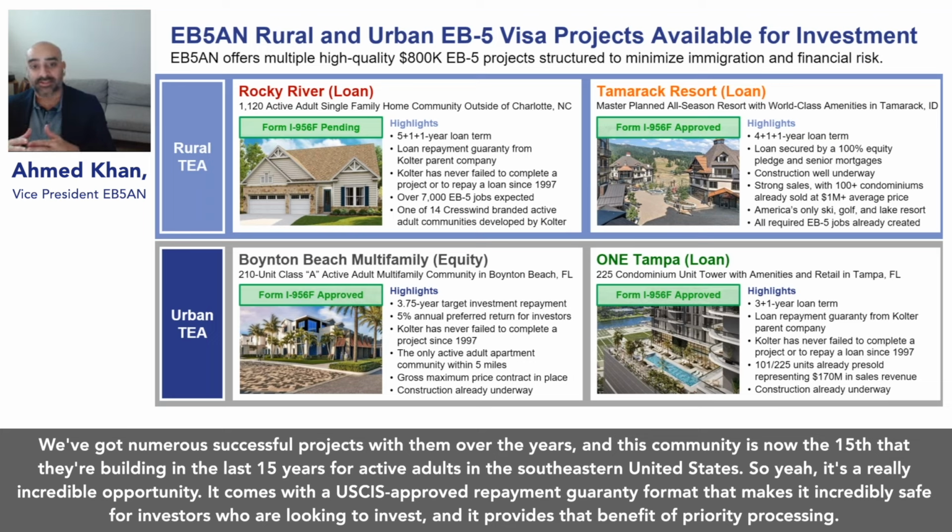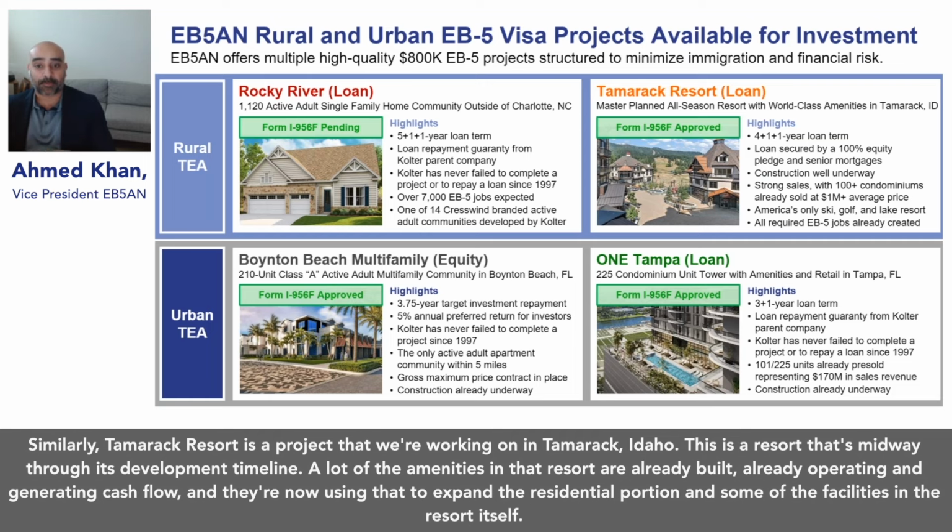And this community is now the 15th that they're building in the last 15 years for active adults in the southeastern United States. So yeah, it's a really incredible opportunity. It comes with a USCIS approved repayment guarantee format that makes it incredibly safe for investors who are looking to invest, and it provides that benefit of priority processing.